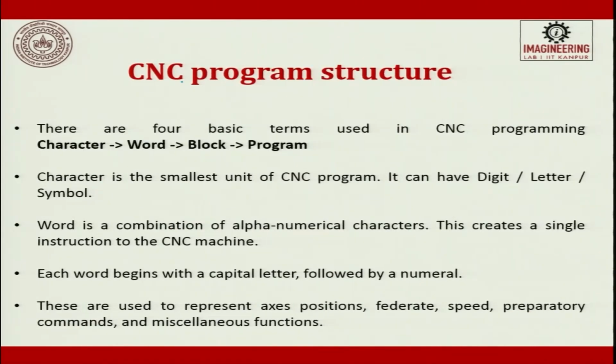When we look into a CNC programming structure, there are 4 basic terms used in a CNC program: a character, a word, a block and a program. So, this is a program, and every line is called a block.